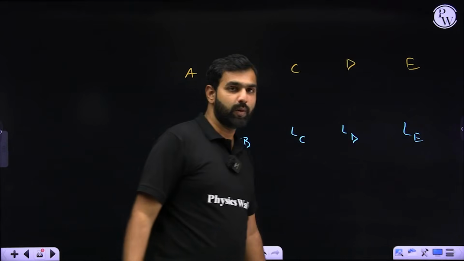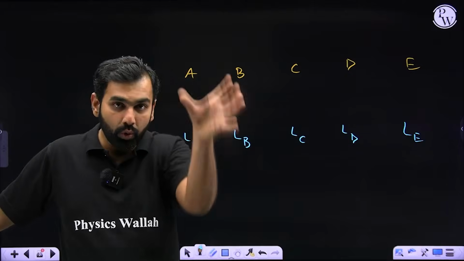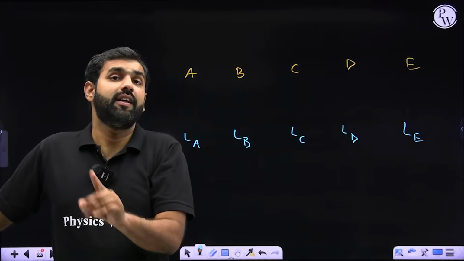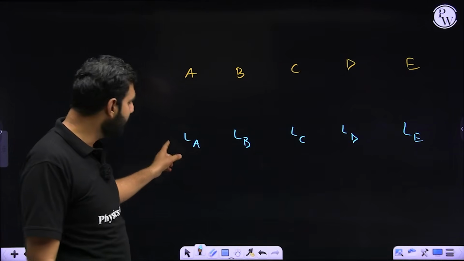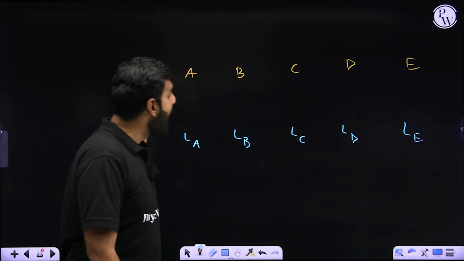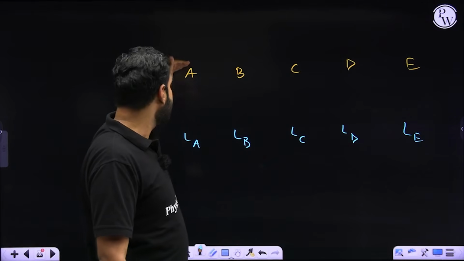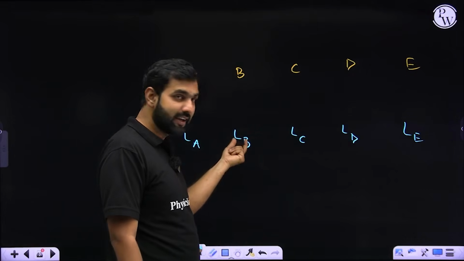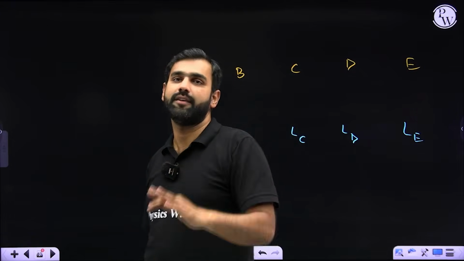So by using the principle of inclusion and exclusion, we create the concept of derangement, which I'll not prove right now, which I'll not derive right now, but I'll give you the formula. The concept of derangement says that the number of ways in which these 5 letters are given to these 5 people in such a manner that A does not receive the one which it was supposed to receive, B does not receive the letter which B was supposed to receive, and C and D and E don't receive their respective letters.